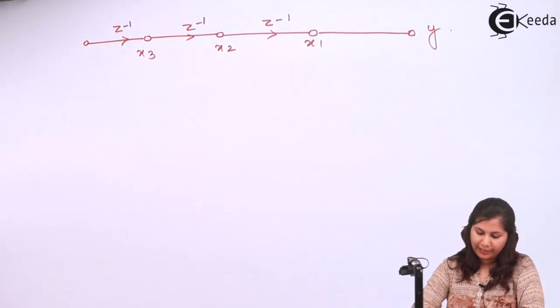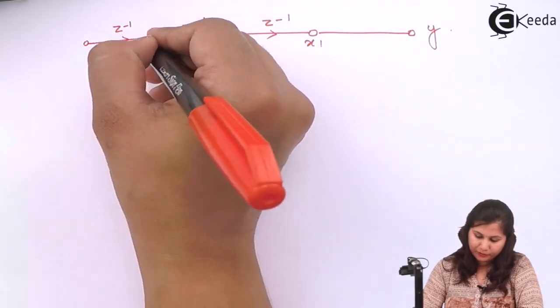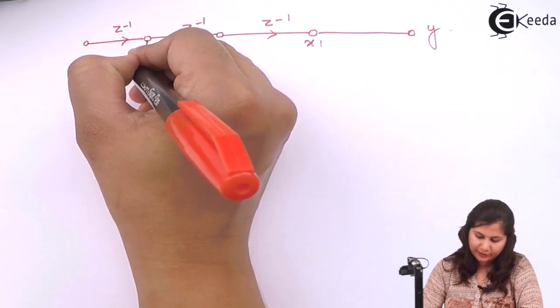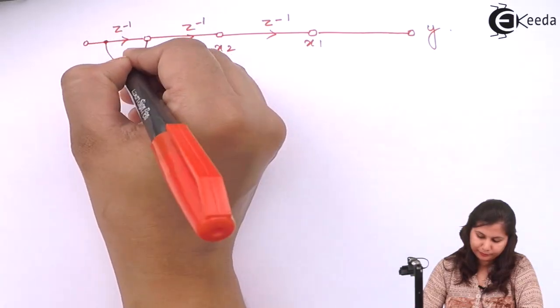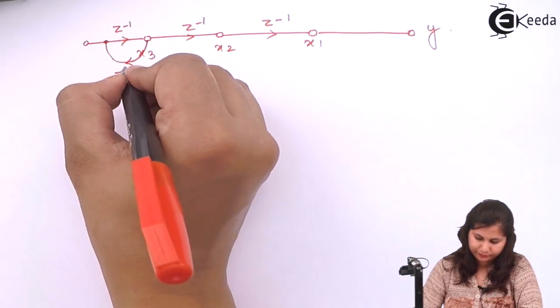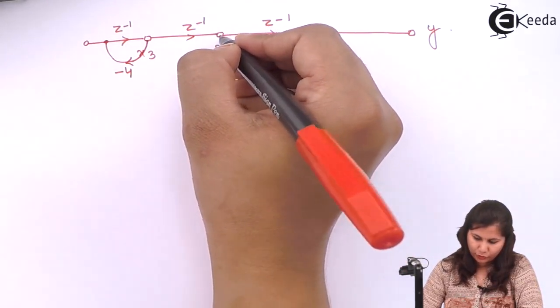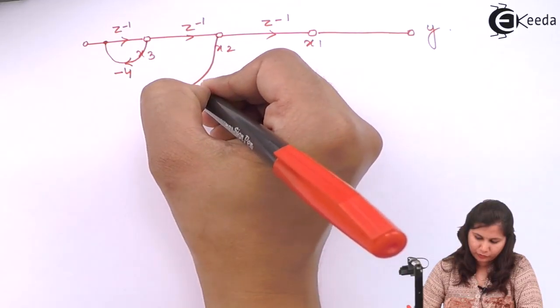So here we will have our loop, that is x3, and it will go here. Now from x2 we have another feedback loop.